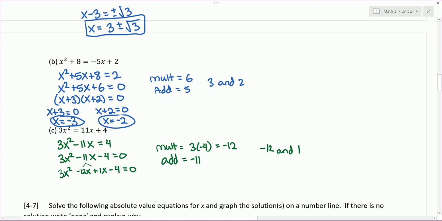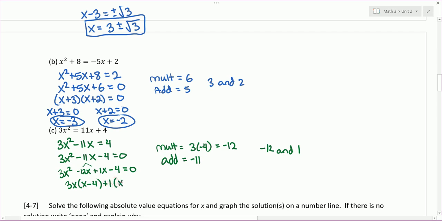Now, in factoring, we're going to factor by grouping. We're going to look at the first two terms and ask what we can divide 3x squared and negative 12x by. 3x works. What's left is an x minus 4. Then look at the last two terms, x minus 4. The biggest thing I can divide both of them by is a 1.